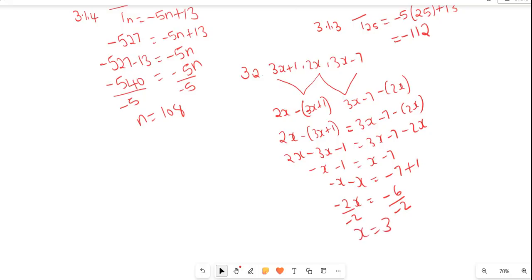Guys, you can prove if this is indeed correct. You can just prove in your answer sheet or in your working book to check if 3 is the correct answer. Where there is x, if you put 3 there, the pattern must be linear. Well, let's just prove.